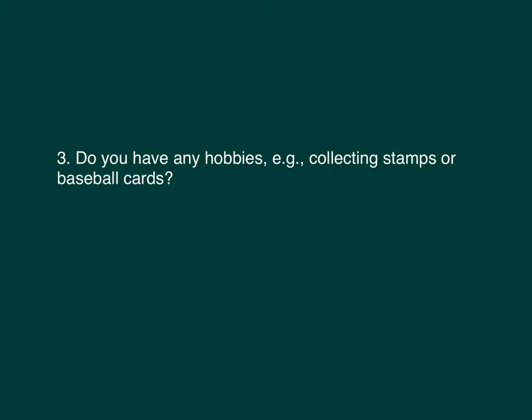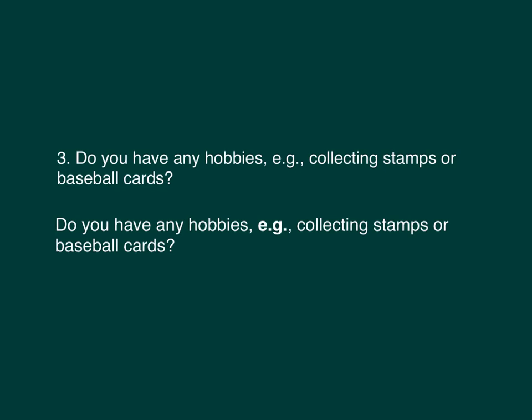Now let's take a look at the answer. In fact, the answer for question number 3 is correct. There is no grammatical or punctuation mistakes. Because when we take a deeper look at the sentence, do you have any hobbies, comma, e.g., comma, collecting stamps or baseball cards?